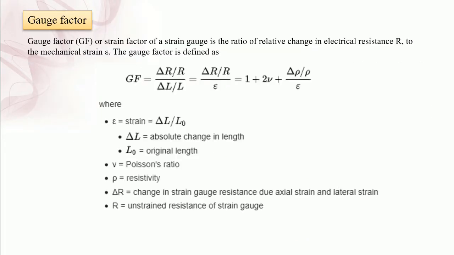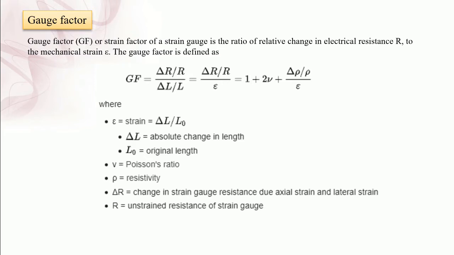Now we are going to discuss the gauge factor, which is a very important thing. When a strain gauge is subjected to a tension, its length increases while its cross-sectional area decreases. Since the resistance of a conductor is proportional to its length and inversely proportional to its area of cross-section, the resistance of the strain gauge increases with positive strain.